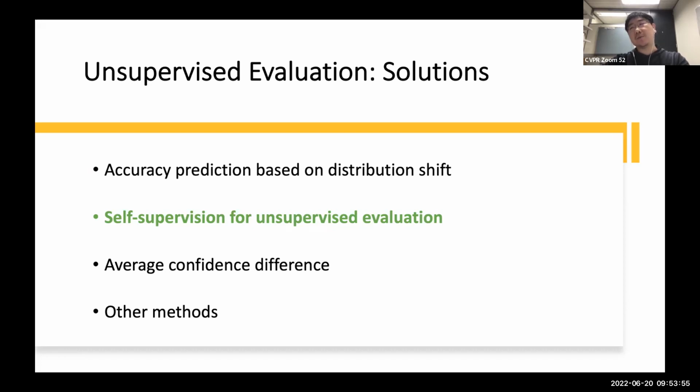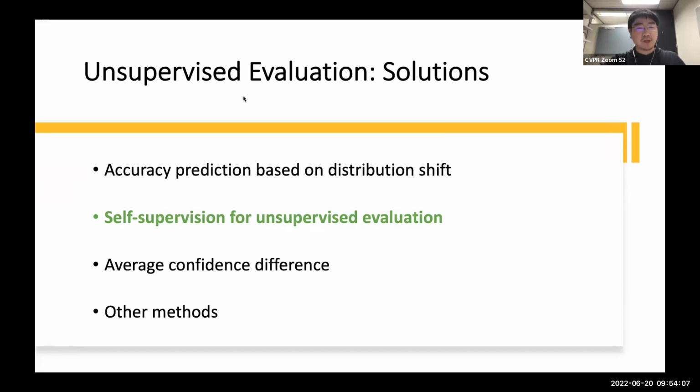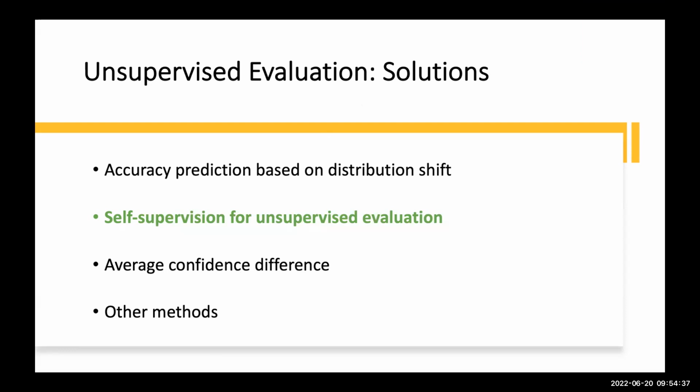Otherwise, it becomes an open set recognition problem, and we haven't looked at that problem yet. Would you be talking about that eventually? No, we are not going to talk about this open set problem. I don't think there is a viable solution for open set model evaluation without labels. As far as I know, there isn't research in that space yet. The current research is mainly focused on closed set image classification. Thank you. Okay, thanks.